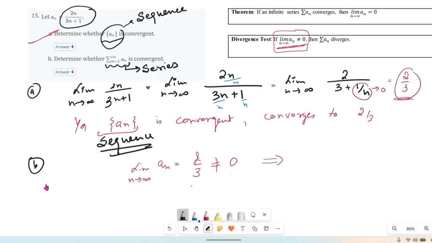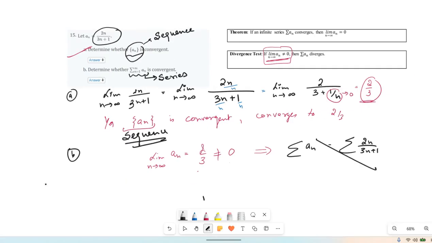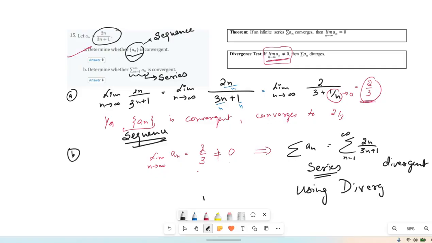That claims that the series, sigma 2n over 3n plus 1 from n equals 1 to infinity, again we are talking about a series now, is divergent using what? Divergence test.